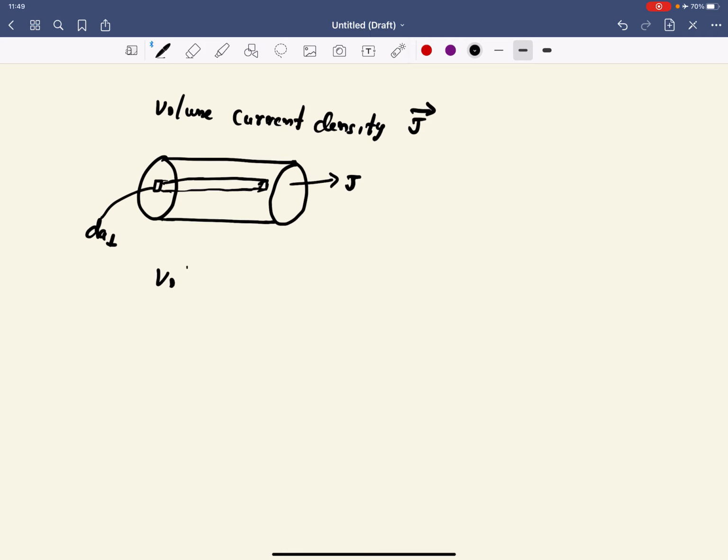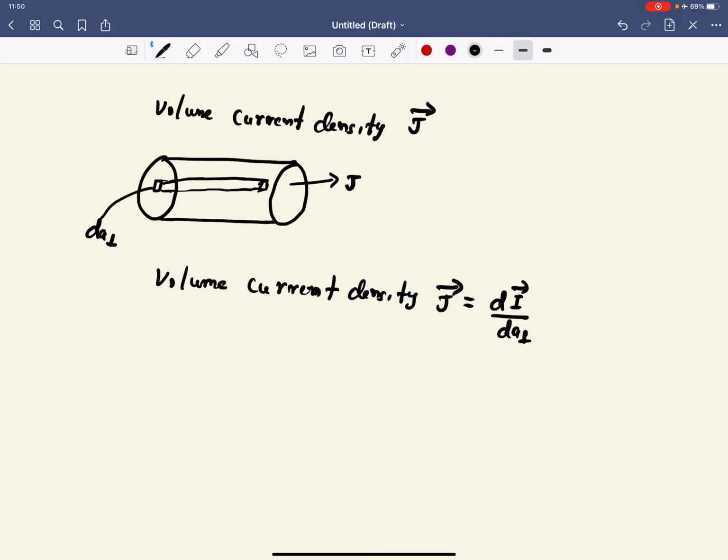So how do we define the volume current density J? J is equal to dI divided by dA perpendicular, because this area of cross section is perpendicular to the current flow. You can also say this is the current per unit area, and this current is along the flow.